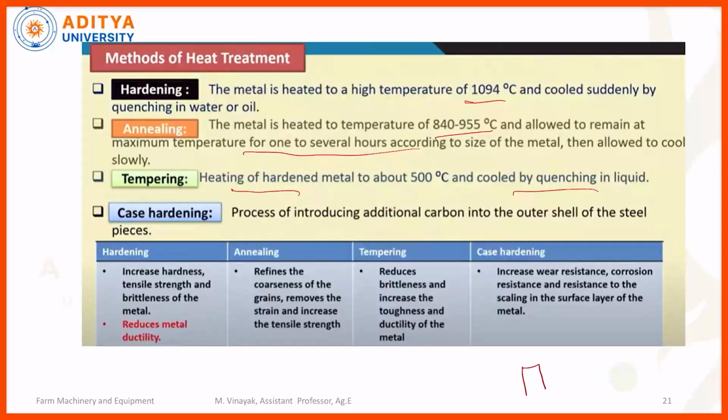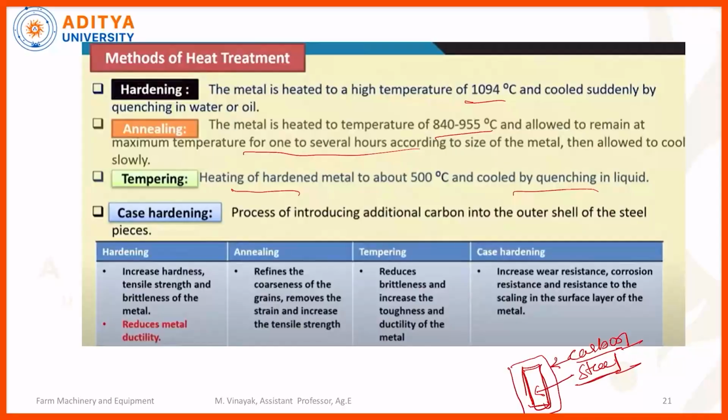Suppose this one is a steel material. We need to add some amount of carbon particles into the outer layer of the steel material. So this one is steel, and on the outer layer of the steel we apply the liquid form of carbon.